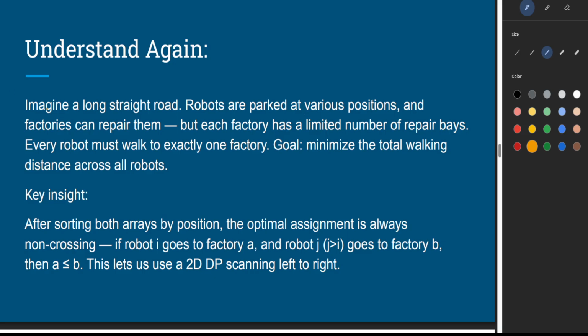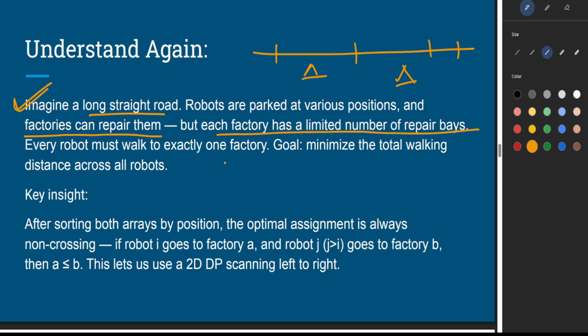The very first thing is that if you read this statement, it will clear your understanding. Imagine a straight road, and the robots are parked at various positions, like we have seen, and the factories can repair them. Some factories are also there, but each factory has a limited number of repair bays.